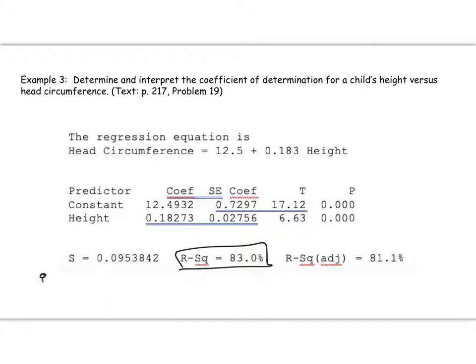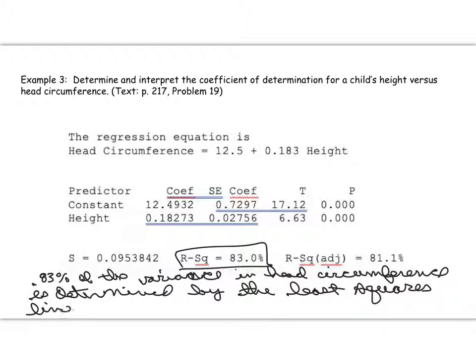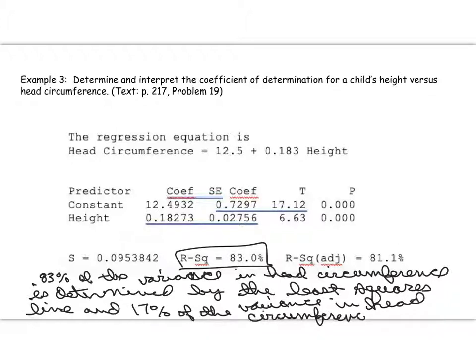If we wanted to interpret this, 83% of the variance in head circumference is determined by the least squares line. 17% of the variance in head circumference is determined by other factors.